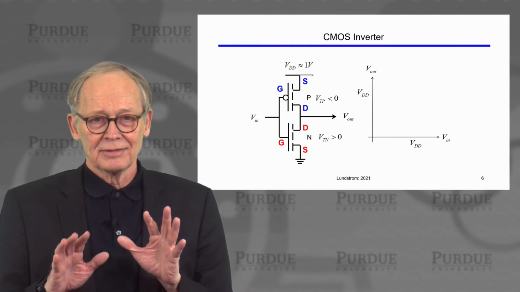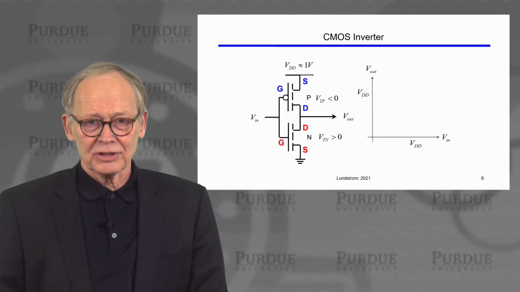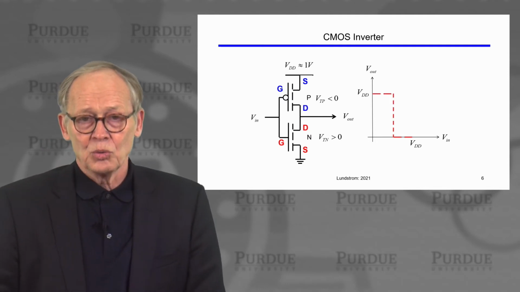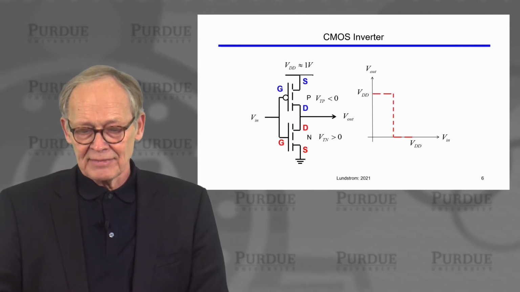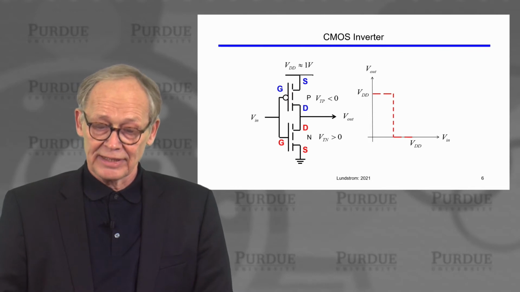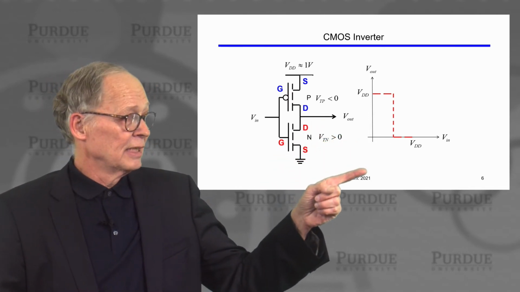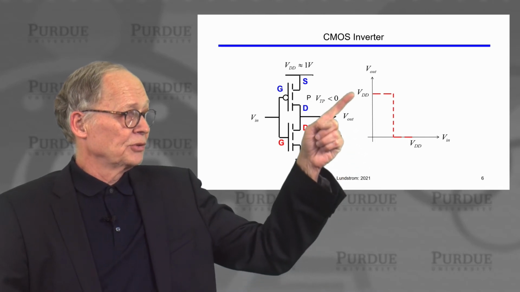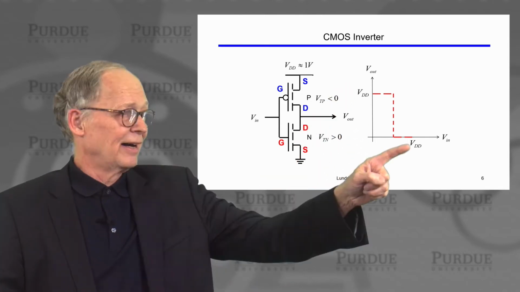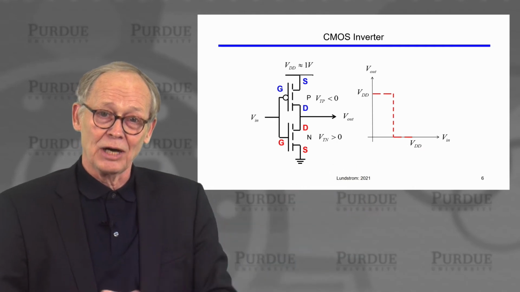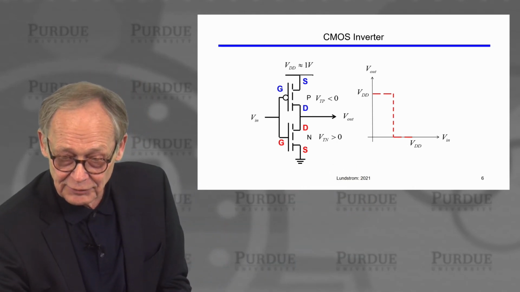So you should be comfortable with this circuit. You should understand why, in the ideal case, the output voltage is a function of the input voltage. It looks like this. This is why we call it an inverter. A low input voltage produces a high output voltage. A high input voltage produces a low output voltage. That's why we call it an inverter.